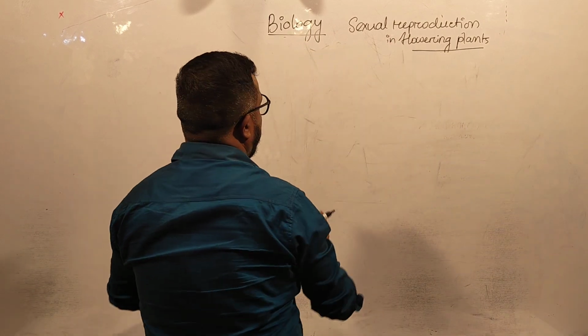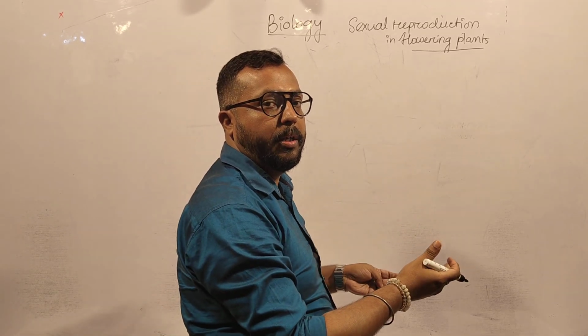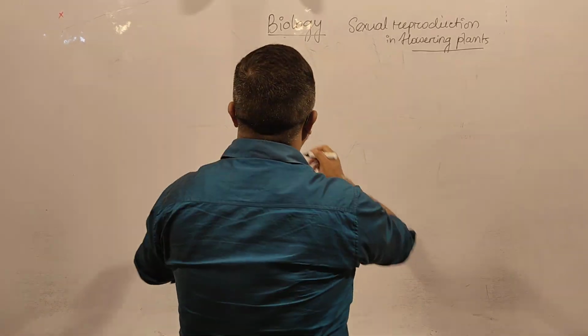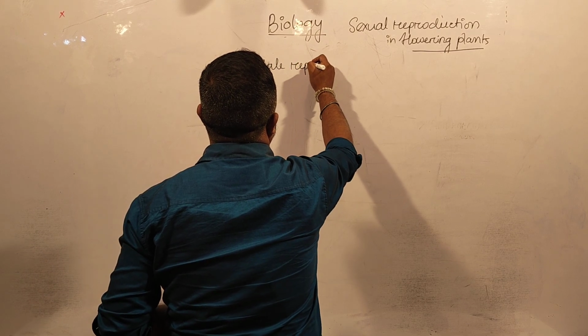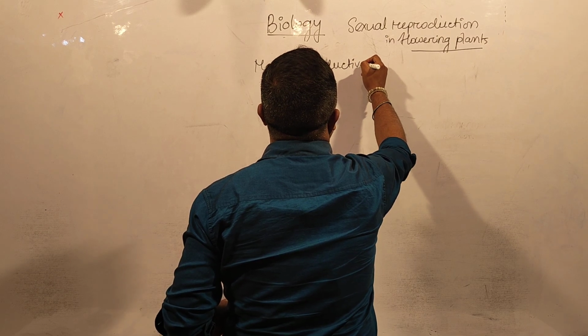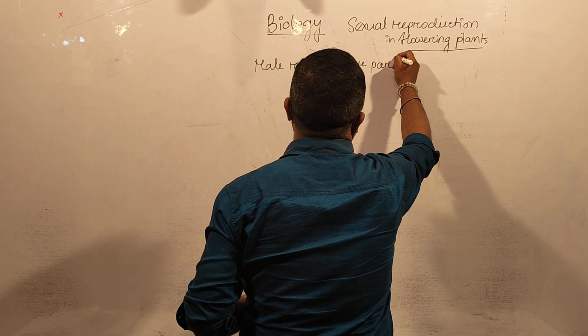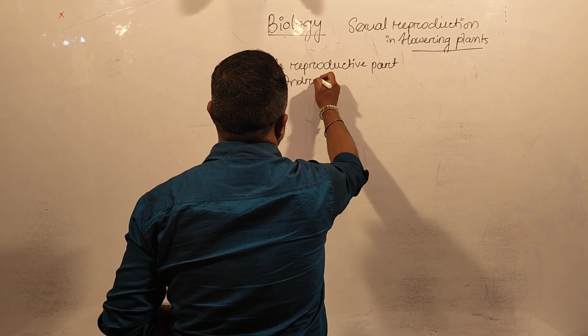So now coming to each part, the male reproductive part and female reproductive part separately. The male reproductive part is also known as androecium.